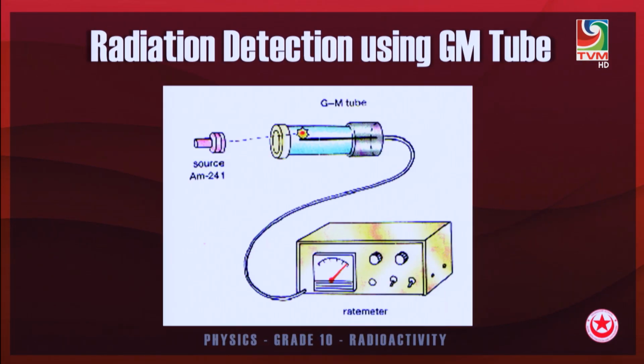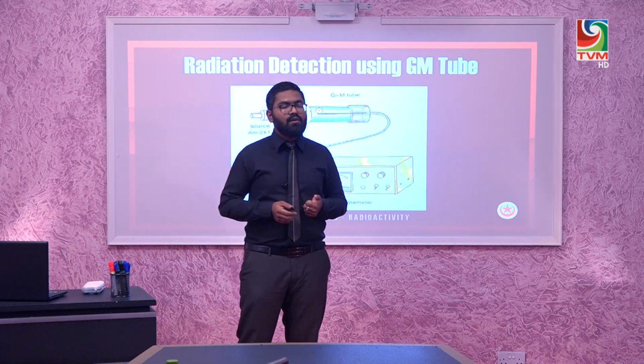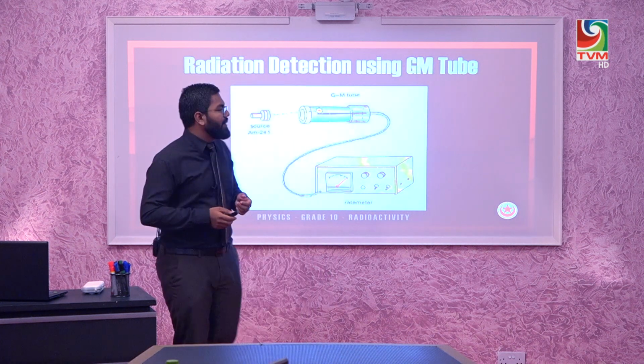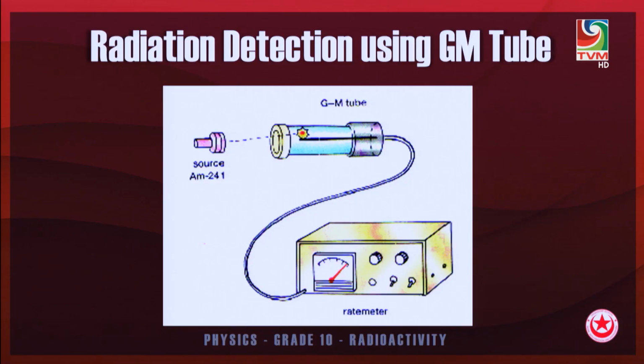Now, let us discuss certain experiments, or some ways in which we can use the GM tube in order to identify, for example, whether a given source is emitting alpha, beta or gamma. In this example, we are going to make use of a GM tube and a given source, and identify whether the radioactive source is emitting alpha, beta or gamma.